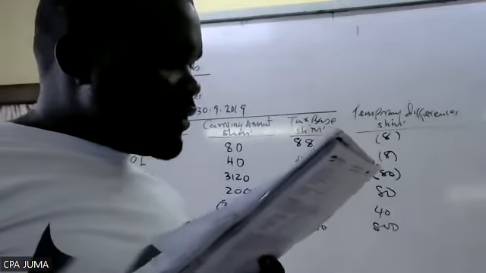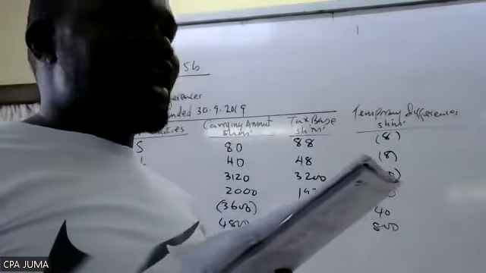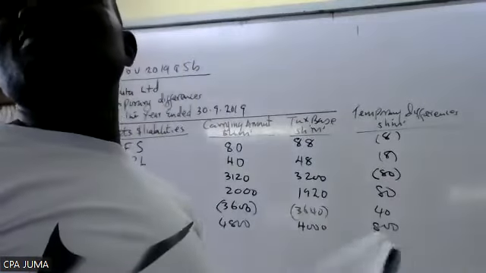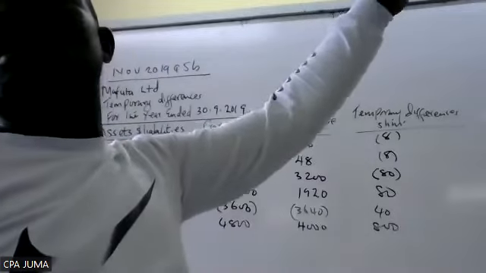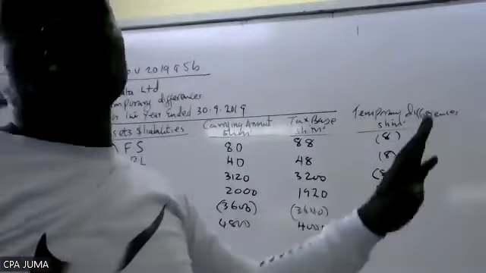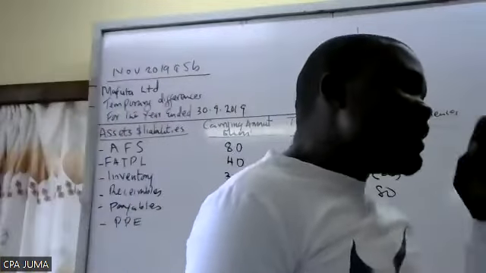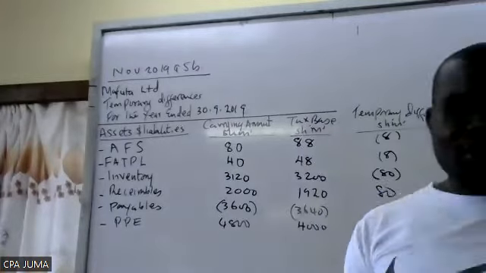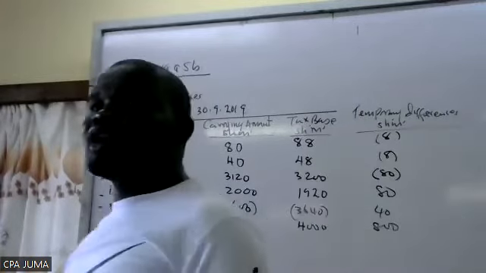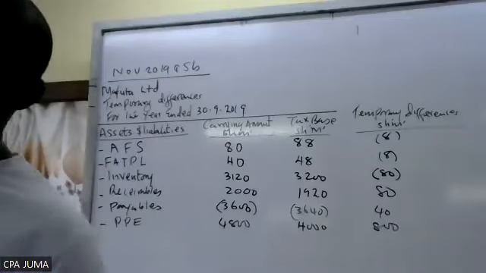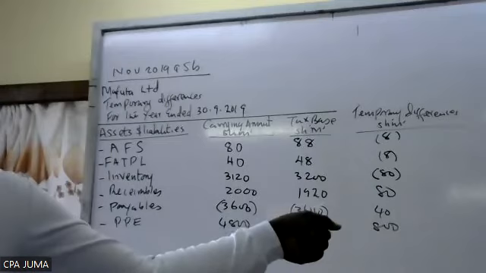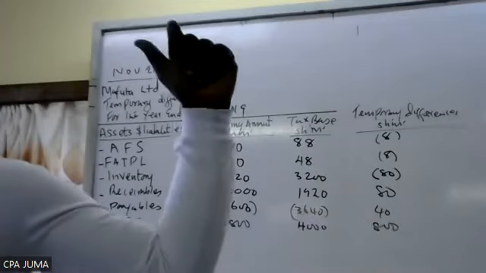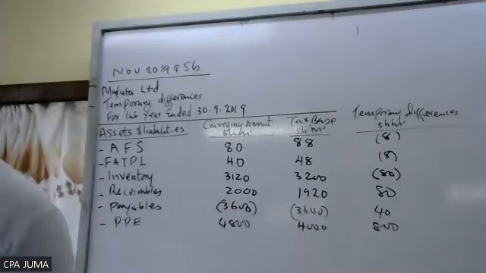Some land and buildings were revalued upwards by 200 during the year. So it means it is included, and it affects the deferred tax account as we go on. They said carrying amount and tax base, so don't interfere. But during means within that year, so the balances at the end of the year are inclusive of the revaluation.